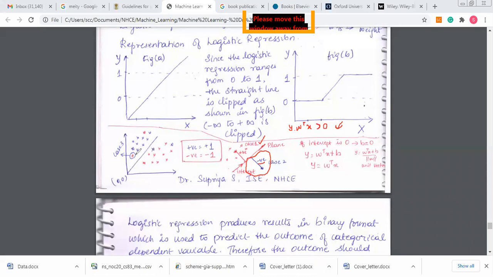Whereas the third case was where I'm taking an opposite value. The red point should have been below, but I have considered it on the above side, which is a negative value. So I get a negative value here, and for all the points above the line, W transpose of x is greater than 0, which is positive.